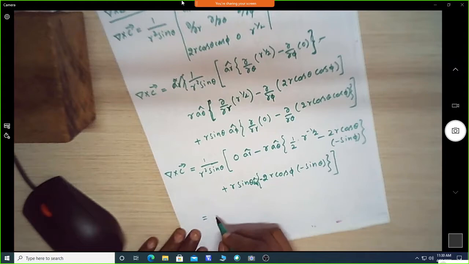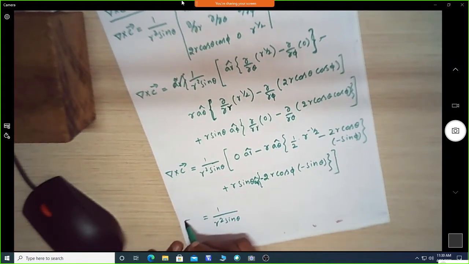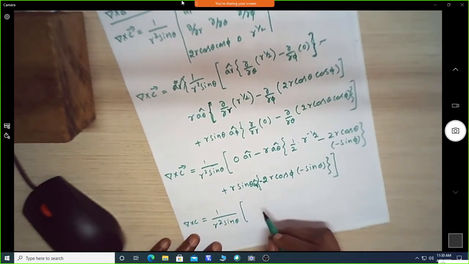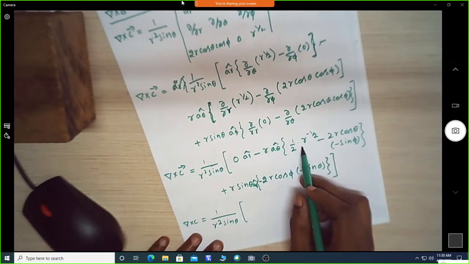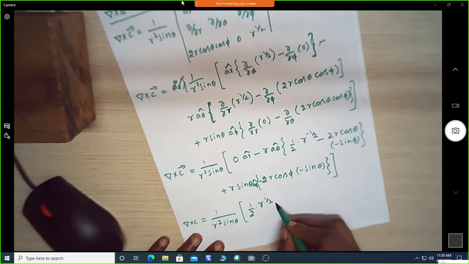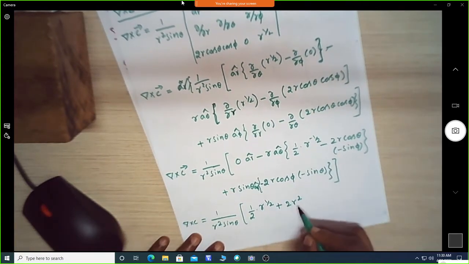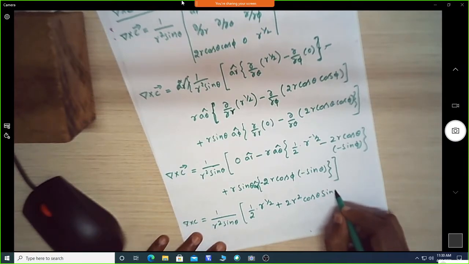So now we can write del cross C. It is 1 over r square sin theta into, if we put r inside, this will become half into r power half minus 2r, minus into minus, again it will become plus 2r square cos theta sin phi.